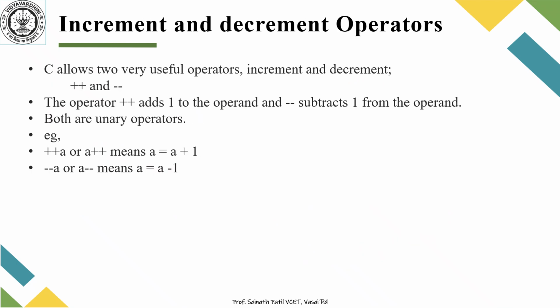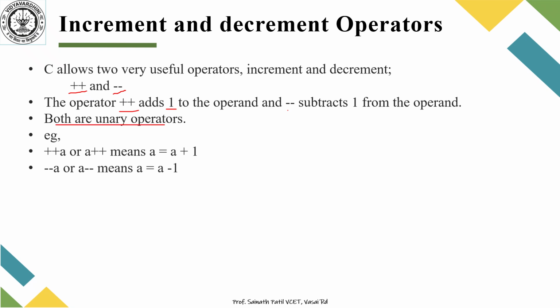Increment and decrement operators. C has two very useful operators for increment and decrement, that is, plus plus and minus minus. The operator plus plus adds 1 to the operand, and minus minus subtracts 1 from the operand. Both are called unary operators.